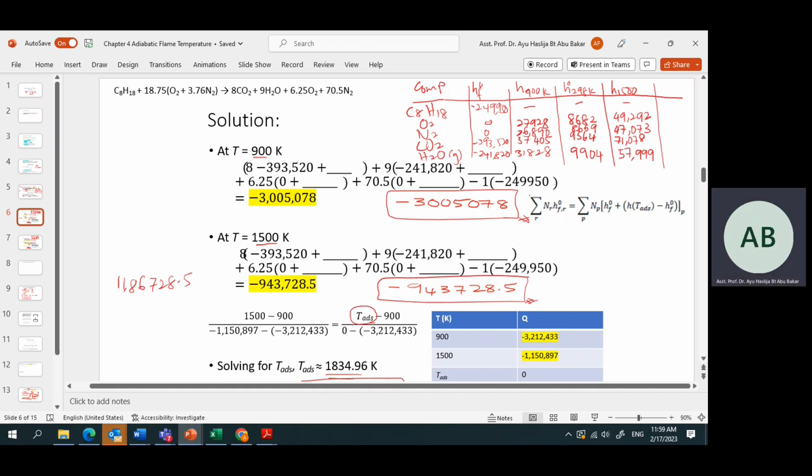You get the same, I think, for 900. For which temperature? You get 350, okay, 1500.